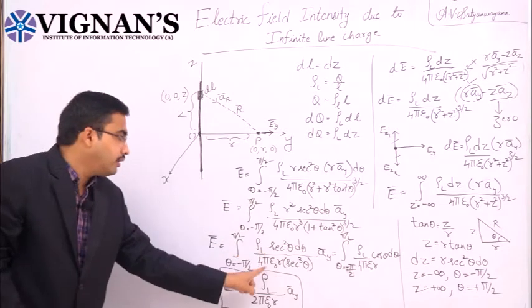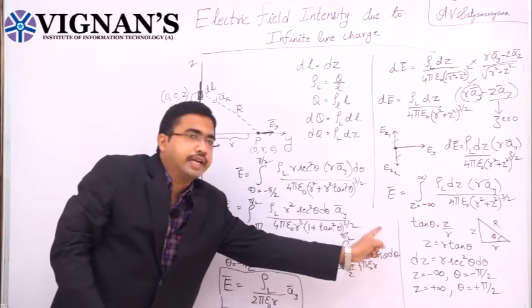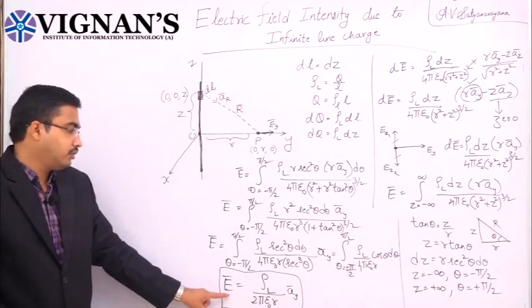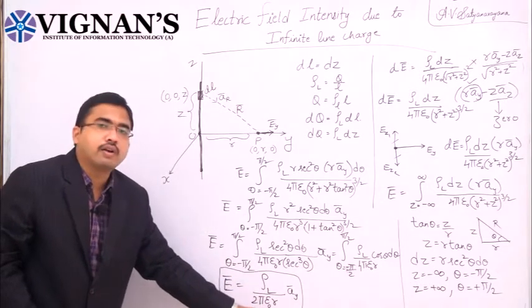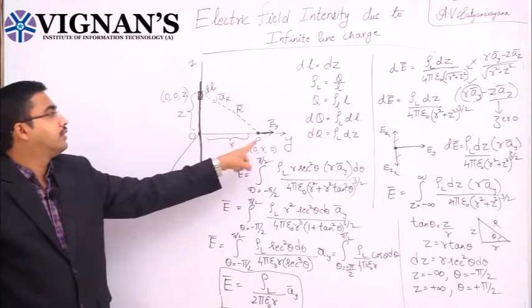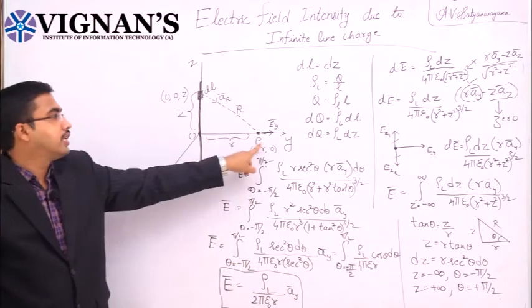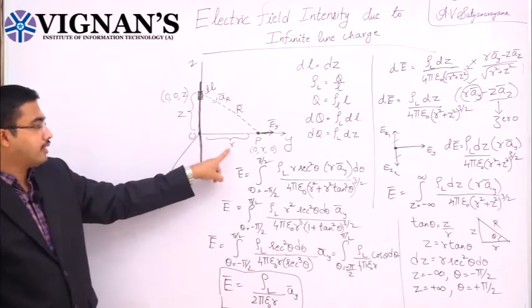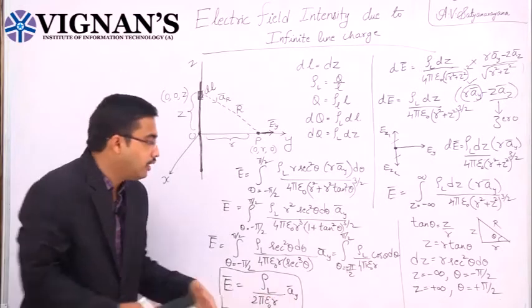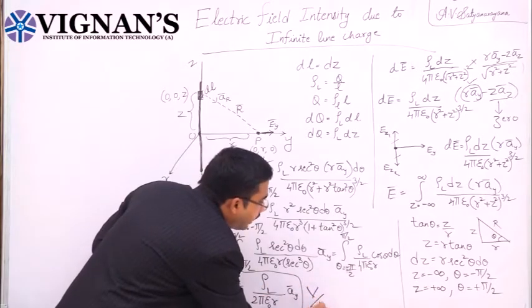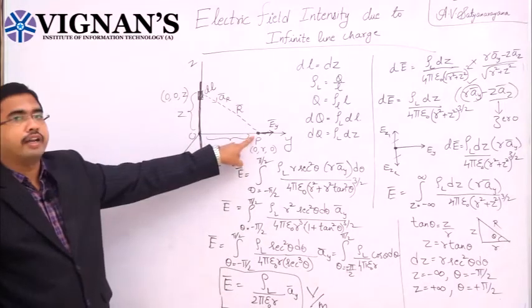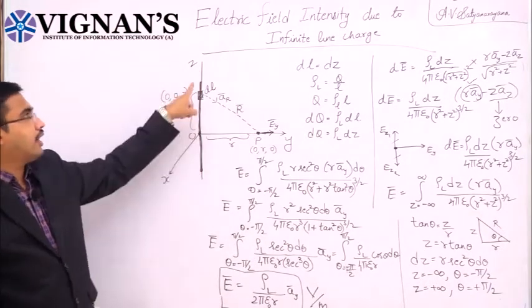After integrating this you will get 2, that 2 and this 4 will be cancelled, and E bar equals rho L by 2 pi epsilon naught r into a_y bar, where r is the distance of the point from the conductor. Distance of this point P from the conductor is r. So rho L by 2 pi epsilon naught r into a_y bar volts per meter. This is the expression for electric field intensity E at point P due to an infinite line charge.